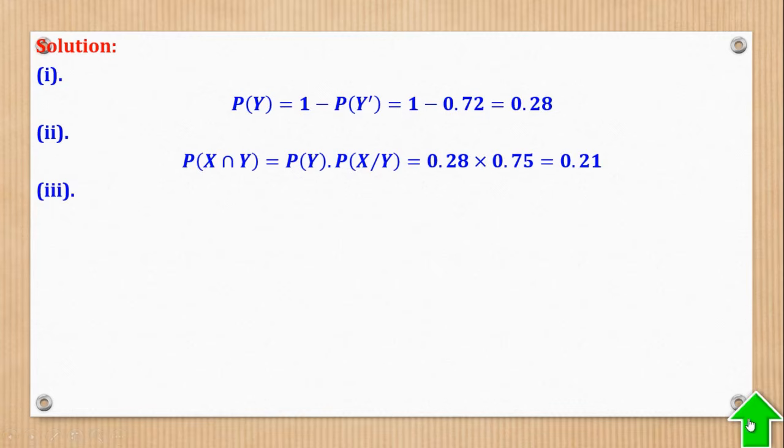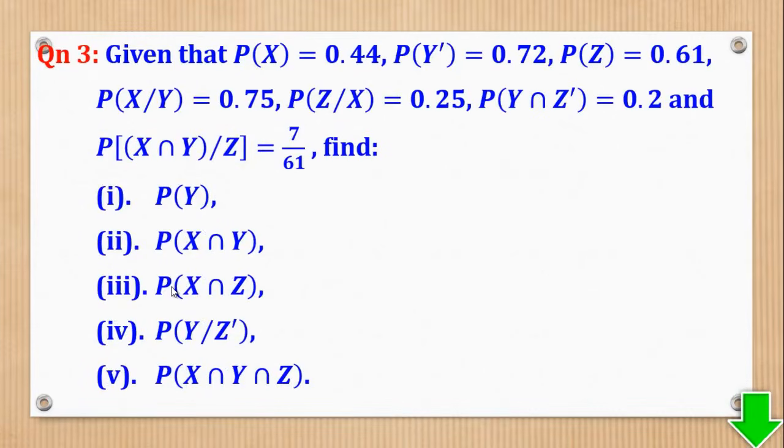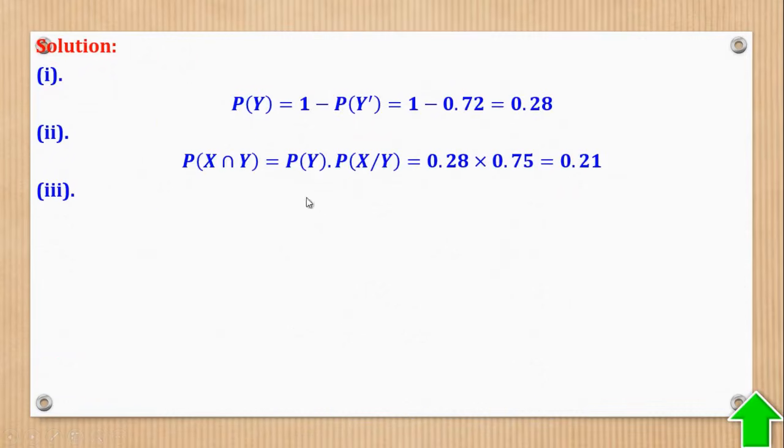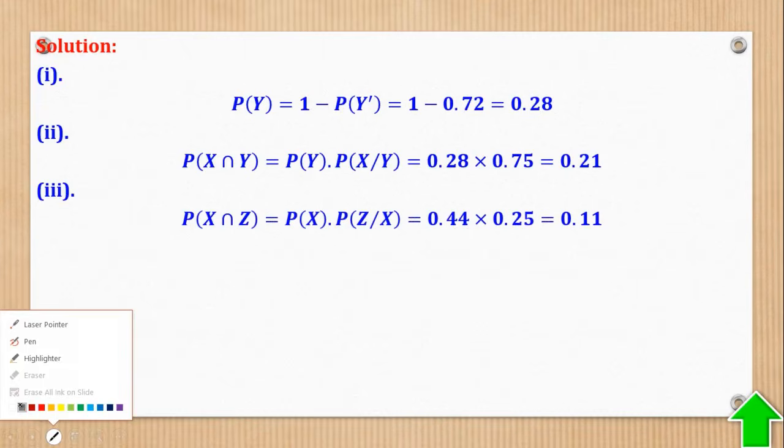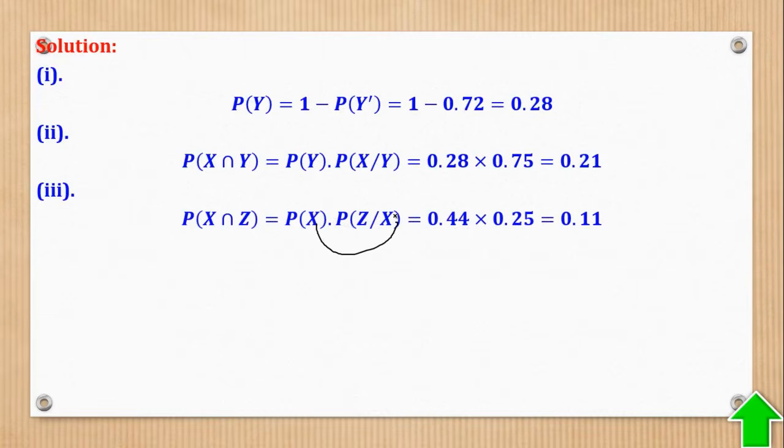Then for Roman 3, the probability of X intersection Z. Still from Bayes' theorem, what has already occurred is what we multiply by the conditional probability. The probability of X is this, probability of Z/X is that, which gives you 0.11.